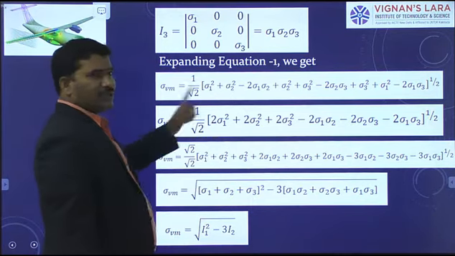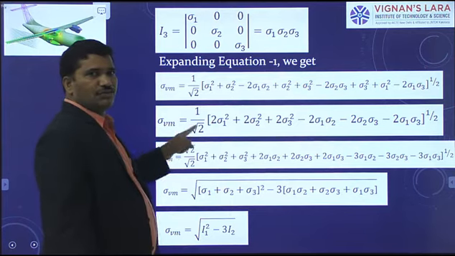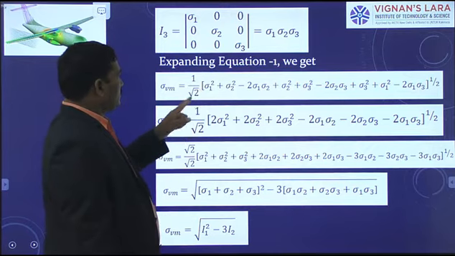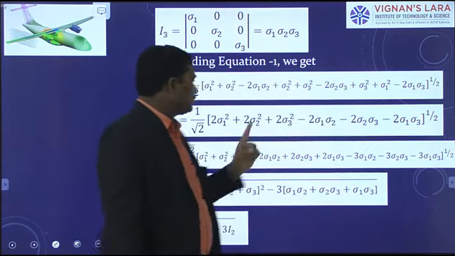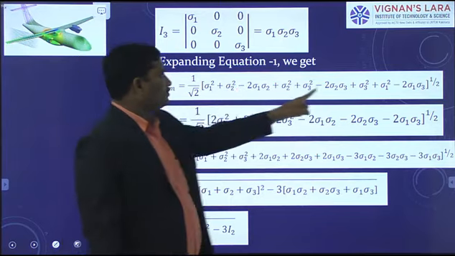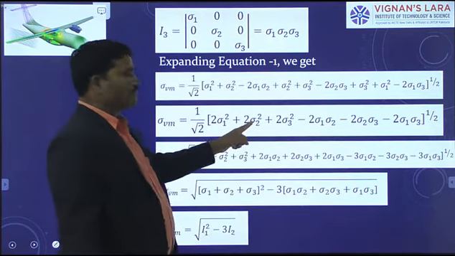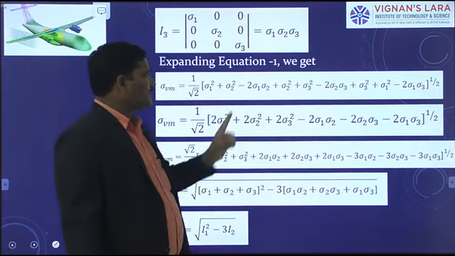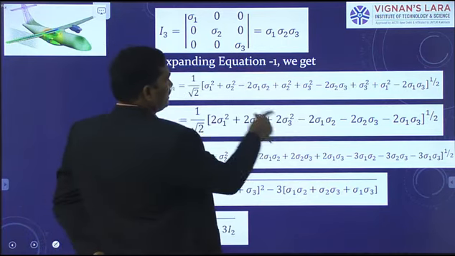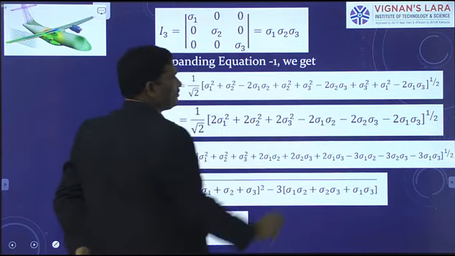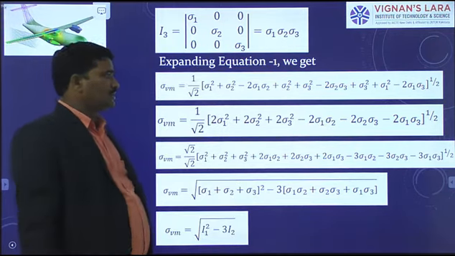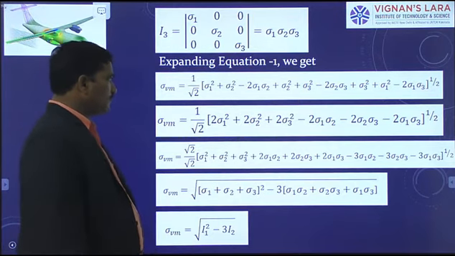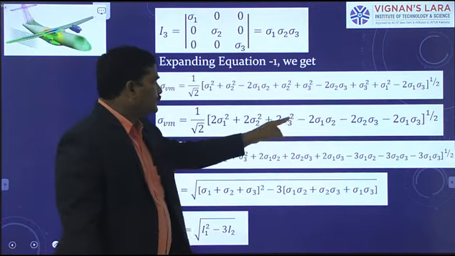Now, we simplify. Von Mises stress equals 1 by square root of 2 into: sigma 1 square plus sigma 1 square, so 2 sigma 1 square; similarly, sigma 2 square plus sigma 2 square, 2 sigma 2 square; sigma 3 square plus sigma 3 square, 2 sigma 3 square. Next, minus 2 sigma 1 sigma 2, minus 2 sigma 2 sigma 3, minus 2 sigma 1 sigma 3, all to the power of 1 by 2. Now, I take this 2 common.